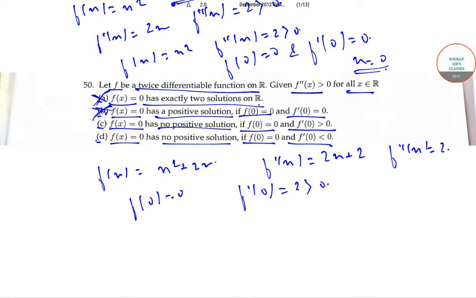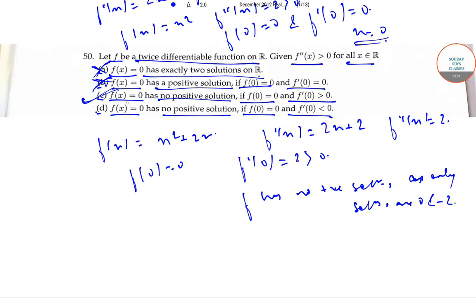Now very clearly f has no positive solutions as the only solutions are 0 and minus 2. Therefore option C is correct.